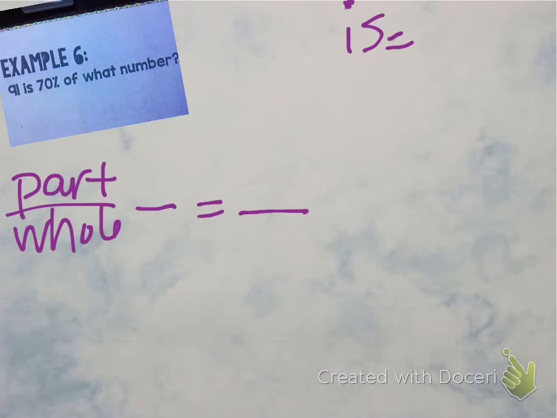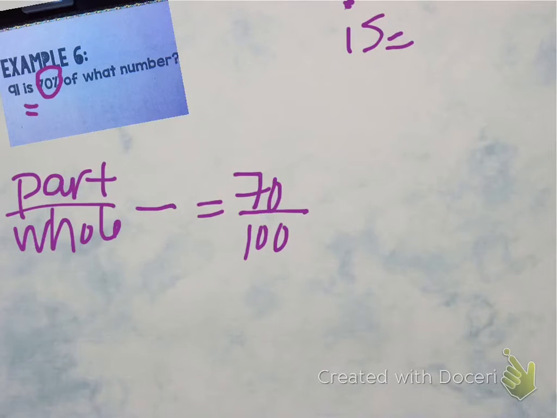Now, we know we have our percent, so it's 70%. So we're going to do 70 over 100. Now, we have that equal sign. If you notice, it says 91 is 70%. So be mindful that it's saying a part equals a part.